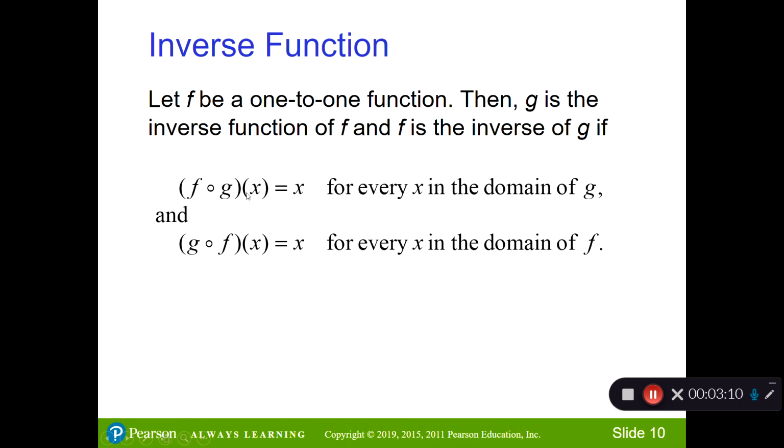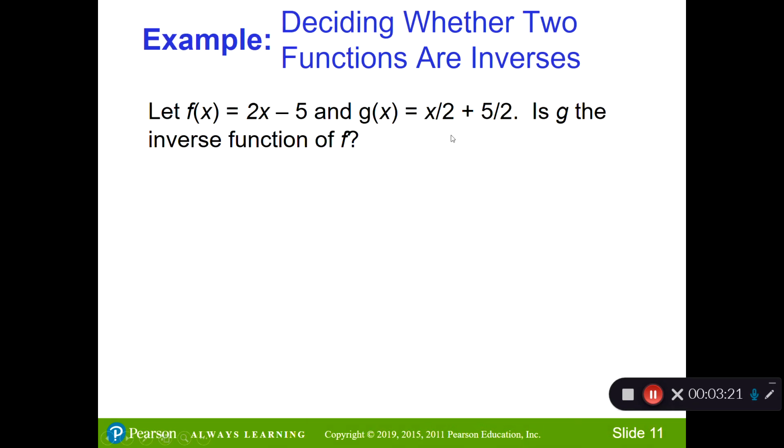So two functions are inverses of one another if when I compose them, I get back what I started with in both directions. All right, I want to determine, are these two inverse functions? So the first thing that I do is I look at f of g of x. So that's putting g of x, which is x over 2 plus 5 halves, in as the variable in this expression.